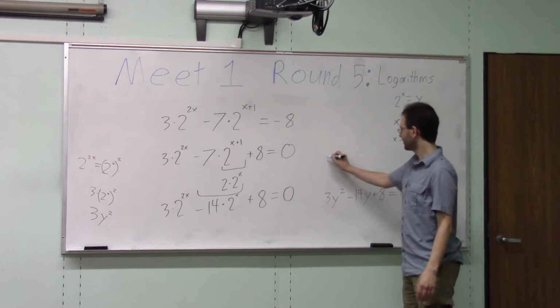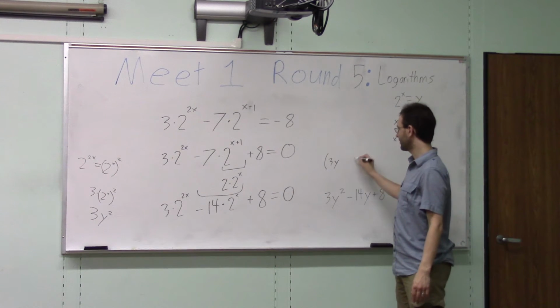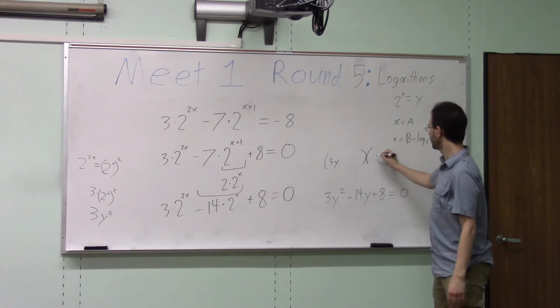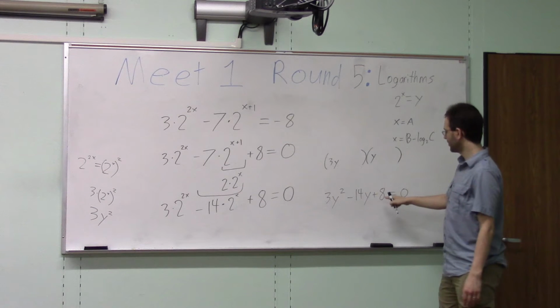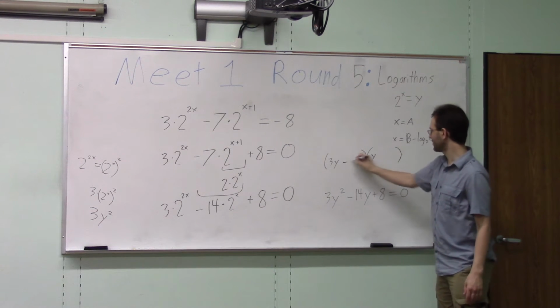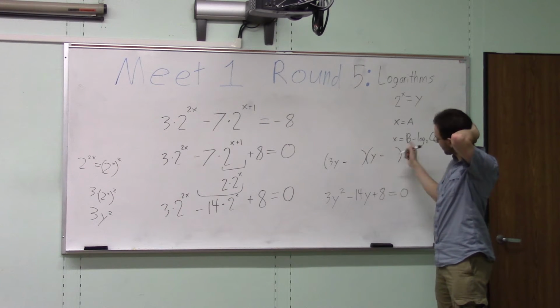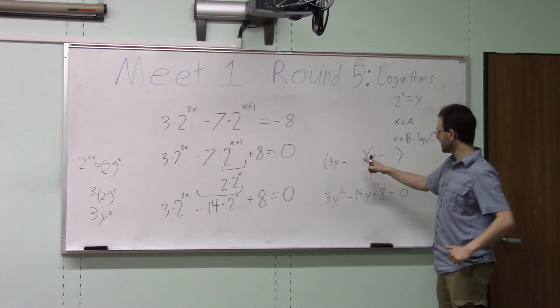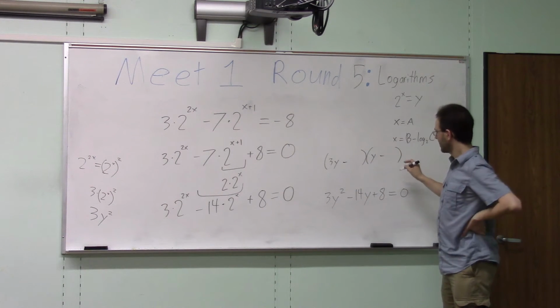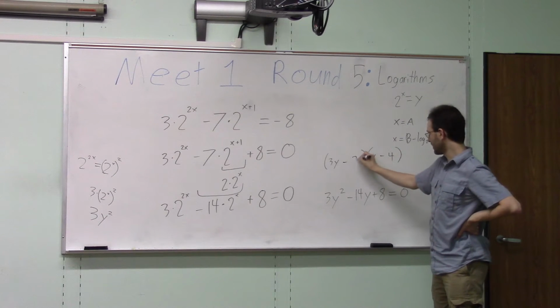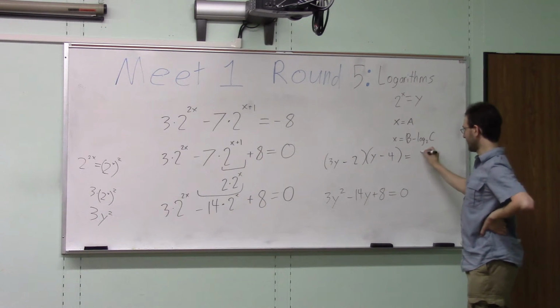So here's what I do. I factor it to try to solve. The numbers multiply to a positive but add to a negative, so both of them are negative. Could it be 1 and 8? No. Could it be 2 and 4? Yes. I'll put the 4 here and the 2 here. And that works out.